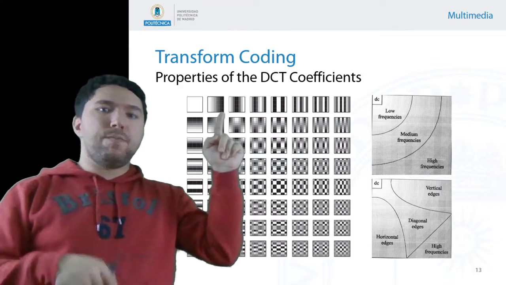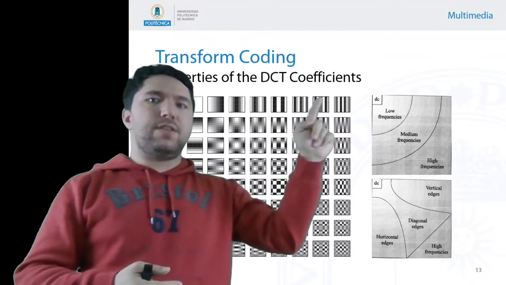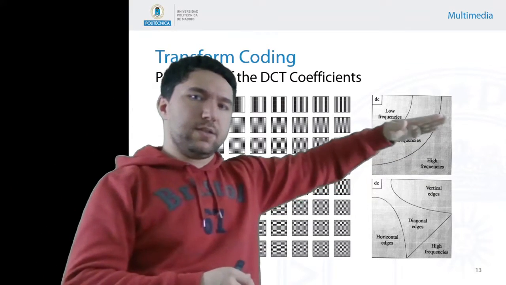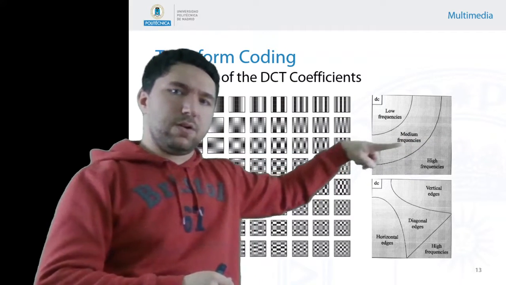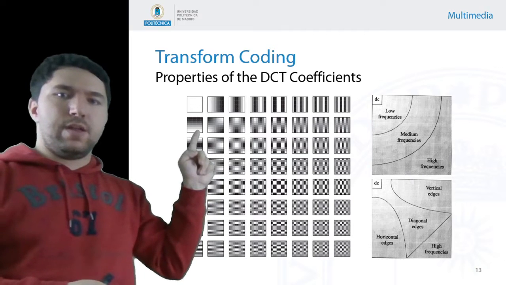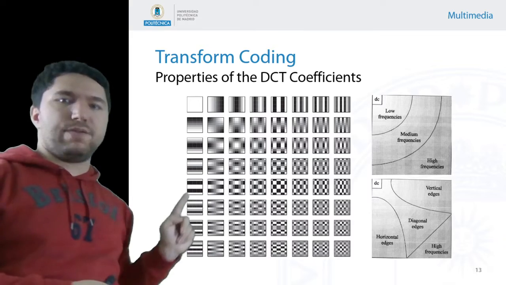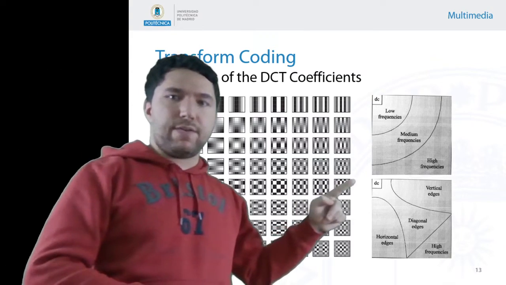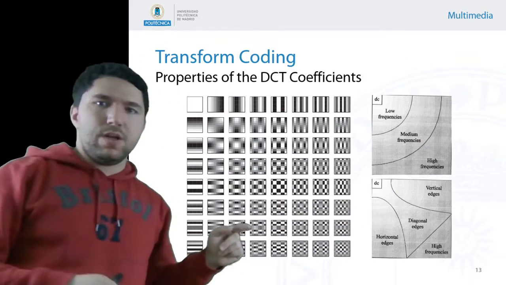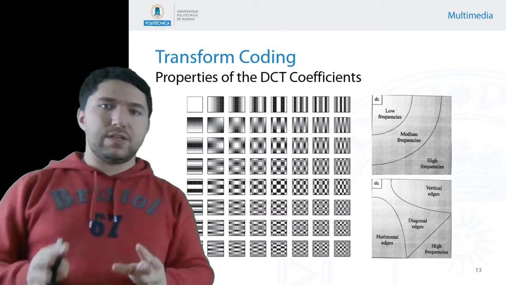If I have more vertical edges, I will have more coefficients in this part. If I have a horizontal edge here in the middle, I will have a coefficient here. If I have several horizontal edges, I will have more coefficients here. And imagine that if we have an edge in the diagonal in the original block, maybe I will have coefficients in this part. We will work on this in the lab session.